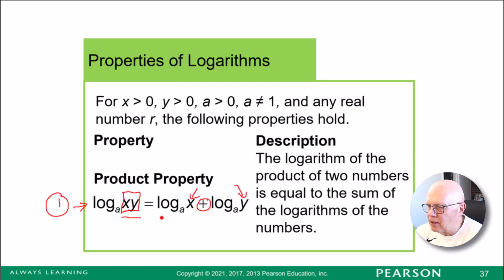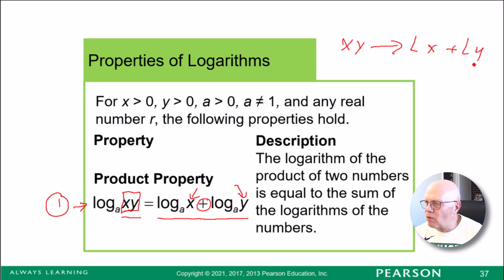Product, you can break it up into the sum of the two individual logarithms. So remember, log of xy is log of x plus log of y. That's a little bit short, but you get the idea.